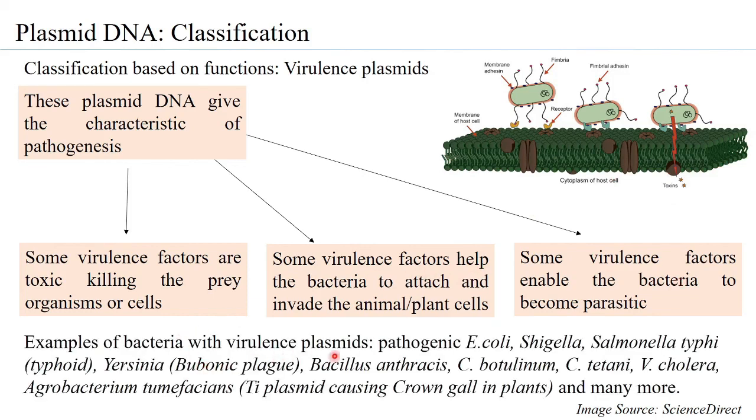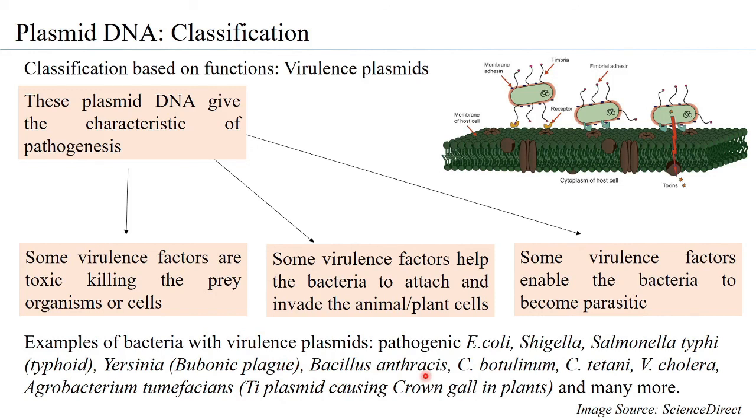Examples of bacteria with virulence plasmids: you have pathogenic E. coli that can have virulence plasmids. There is Shigella, and Salmonella typhi that causes typhoid. So they also have virulence plasmids that enable causing typhoid. Yersinia, which is able to cause bubonic plague because of the presence of virulence plasmids again.